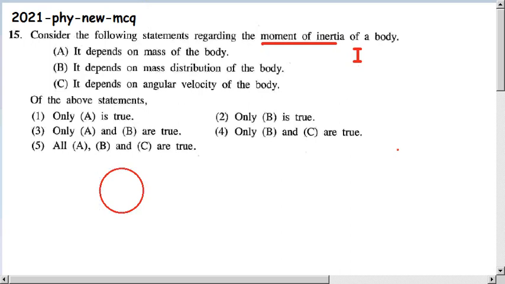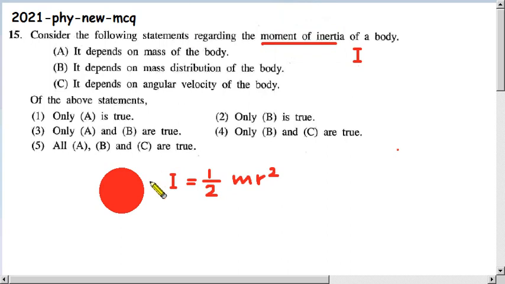If it is a disk, you know the equation for moment of inertia, I equals half times m r squared.